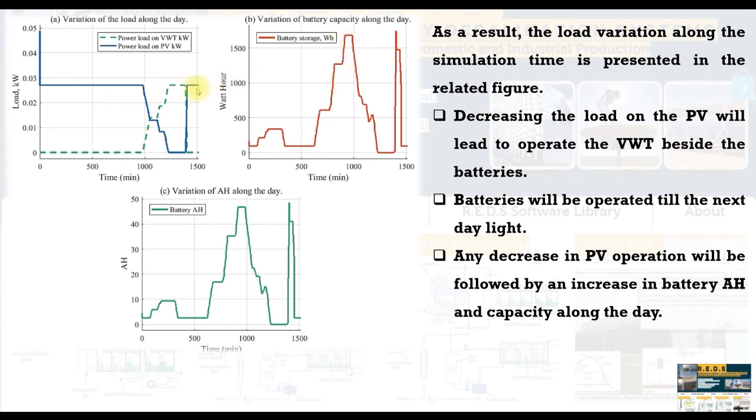At the same time, with daylight, the normal increasing of the load on photovoltaics will be followed by some decrease in battery storage, fully depending on photovoltaic and so on.